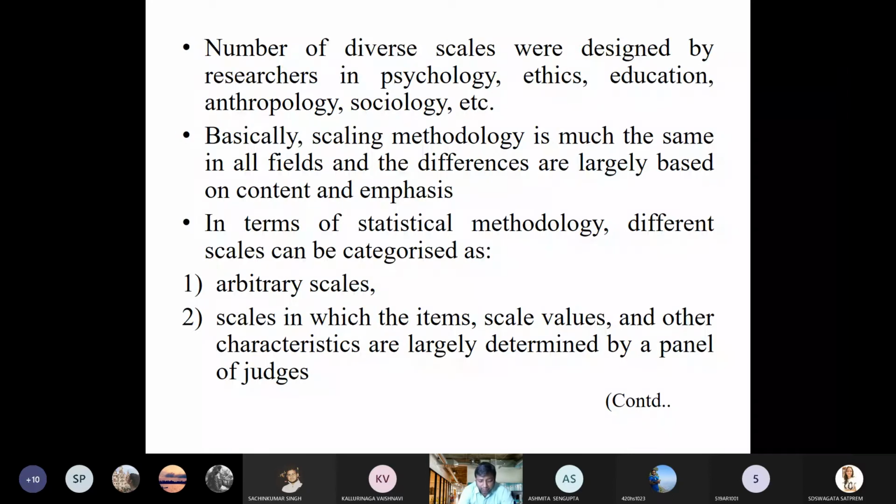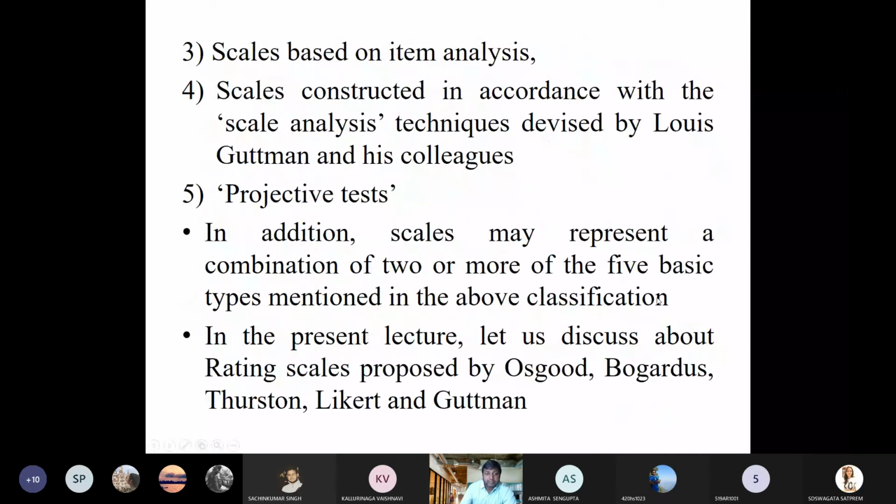What we found is that in the scales in which the item scale values and other characteristics are largely determined by a panel of judges.